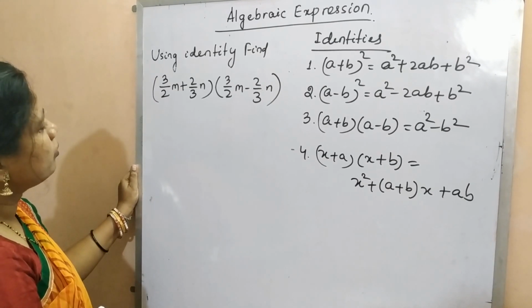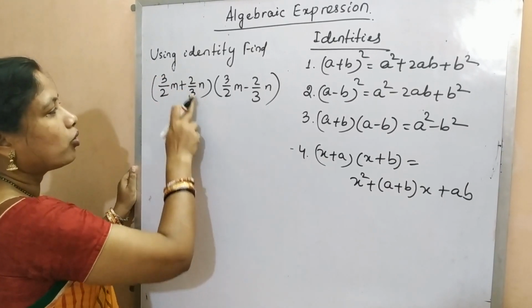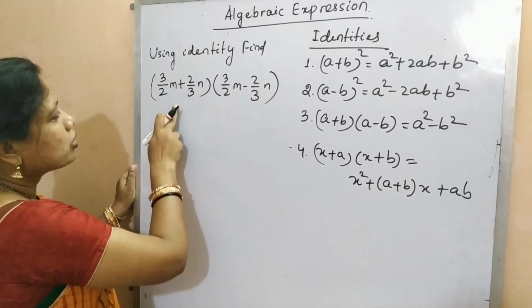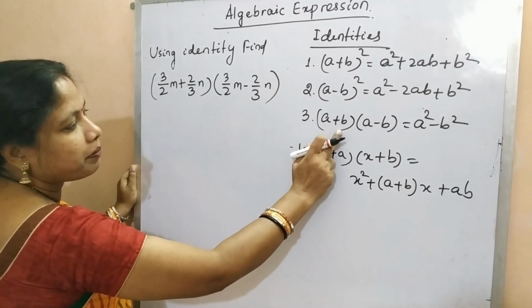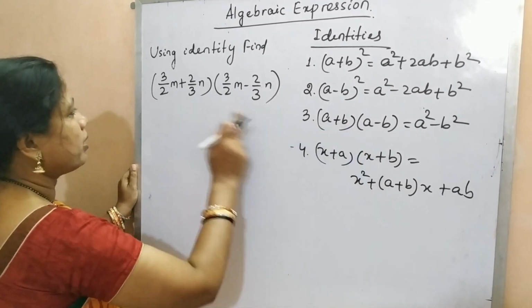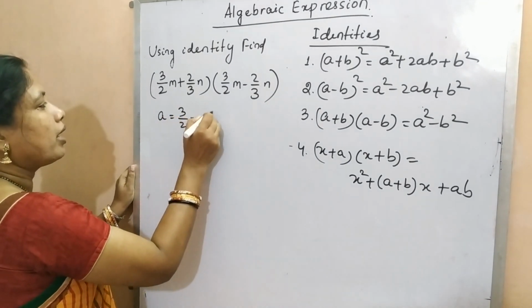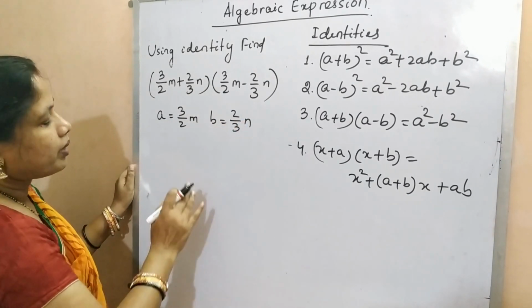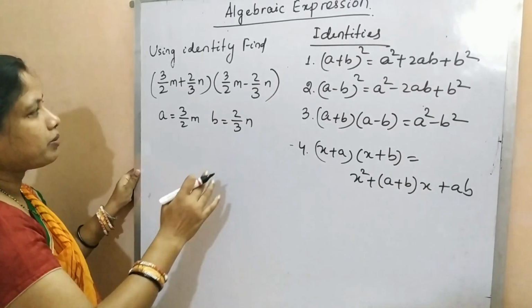Next example, 3 by 2m plus 2 by 3n whole into 3 by 2m minus 2 by 3n. So this multiplication is in the form of this identity, a plus b whole into a minus b. Here a is equal to 3 by 2m and b is equal to 2 by 3n. So what is a plus b multiplied with a minus b? That is equal to a square minus b square.